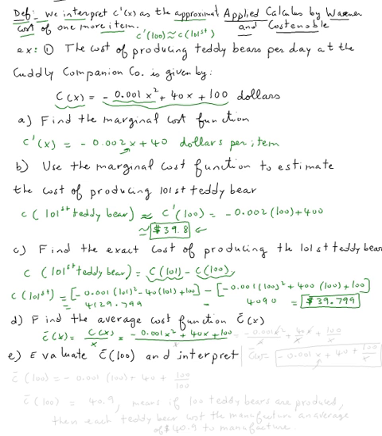We divide this by x. Now all we need to do is simplify it. So negative 0.001x squared over x plus 40x over x plus 100 over x. This x goes with this x, and one x goes with this one. So you get negative 0.001x plus 40 plus 100 over x.